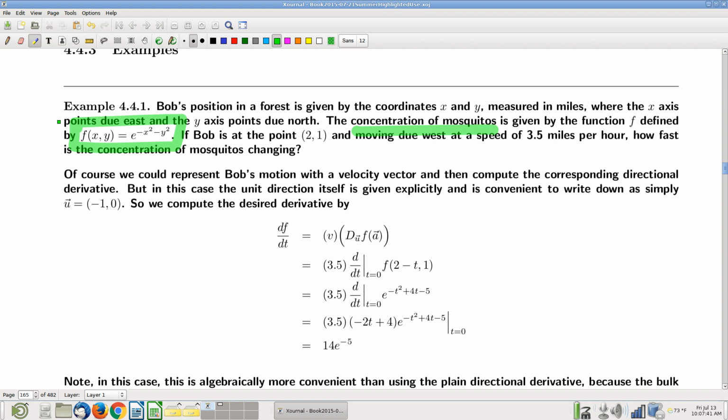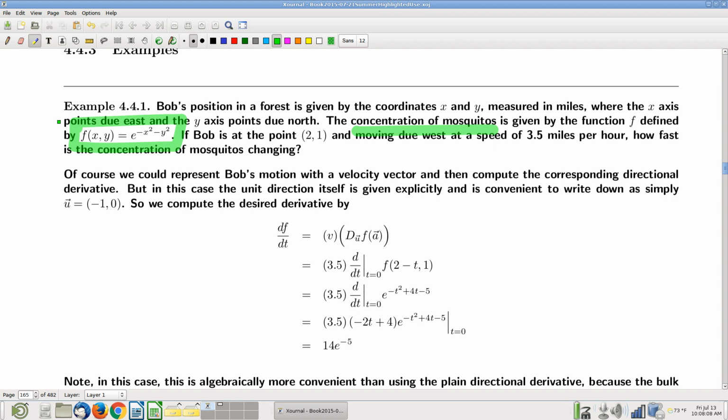Let's suppose there was some stagnant pond at x equals 0, y equals 0. There are a lot of mosquitoes around the stagnant pond, and they don't just stay exactly there, they fly around looking for somebody to annoy. So there are fewer of them the farther you get away. There might even be one way far away, but generally speaking, they tend to be mostly around the stagnant pond where their home is, but they maybe float around a little bit.